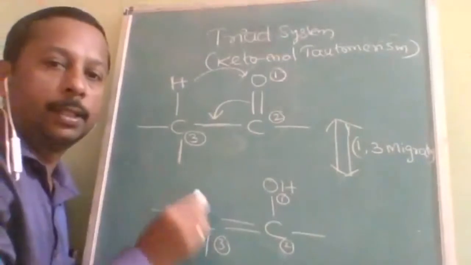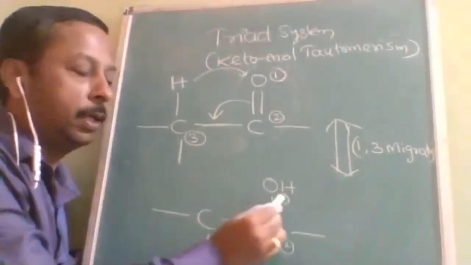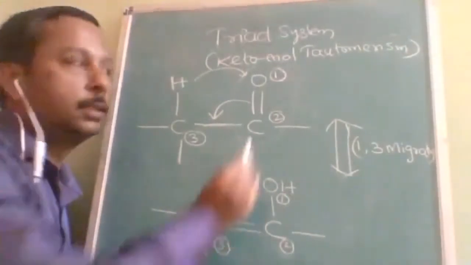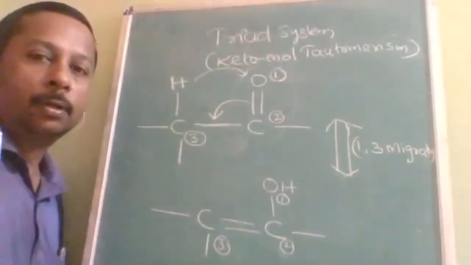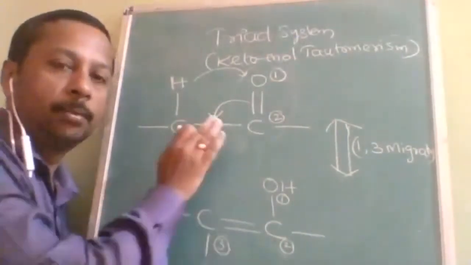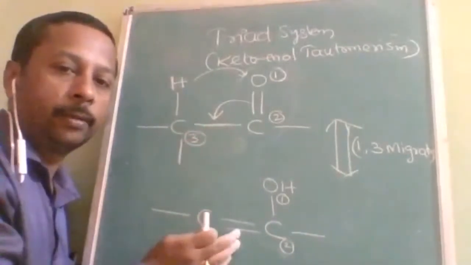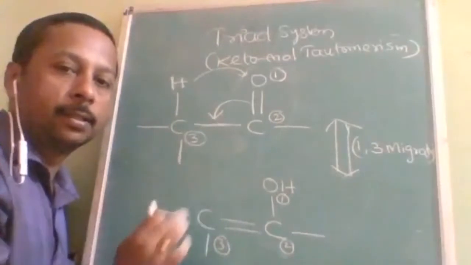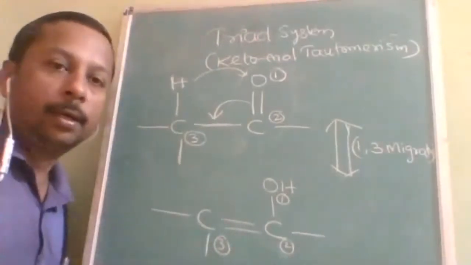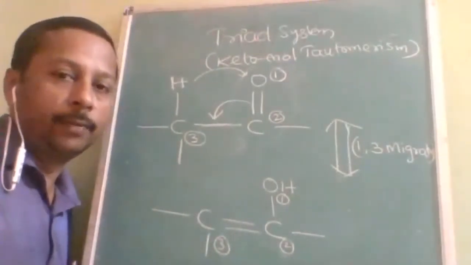After the process, it is converted into double bond and alcohol. Double bond stands for ene and alcohol OH stands for ol. Sometimes they will switch like this. For a few seconds, this will exist, after a few seconds, this will exist. They are in dynamic equilibrium with each other.